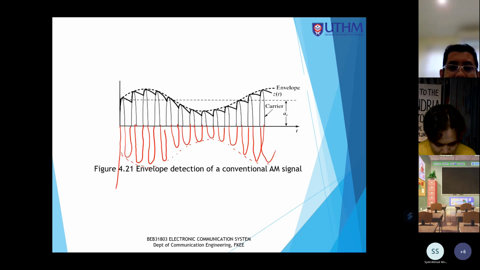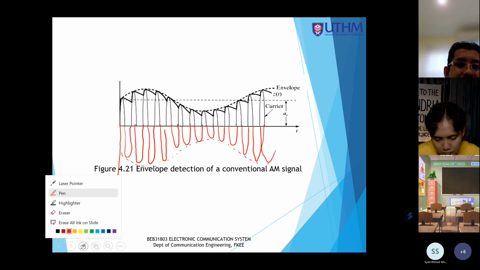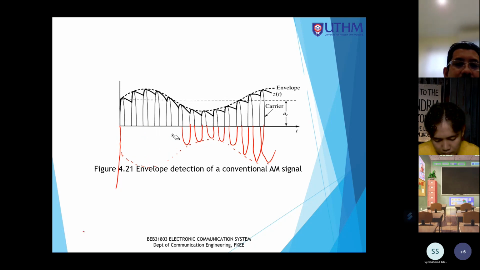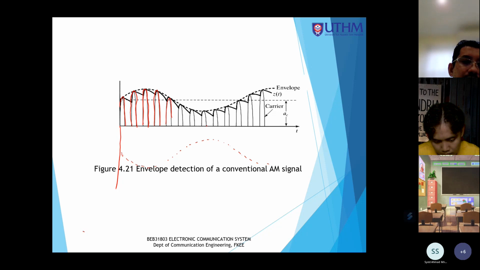Okay, so what happened is that kita boleh padam yang ini. So kita padam yang ini. So ini adalah pada point B. At point B, it will looks like this. Yang inilah. You akan nampak separuh sahaja. So this is what happened at point B.